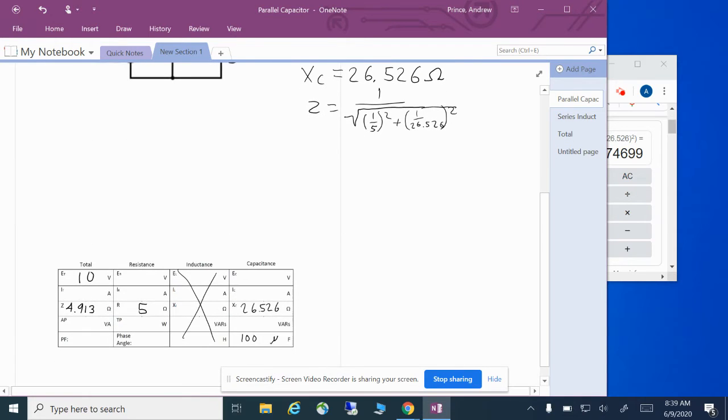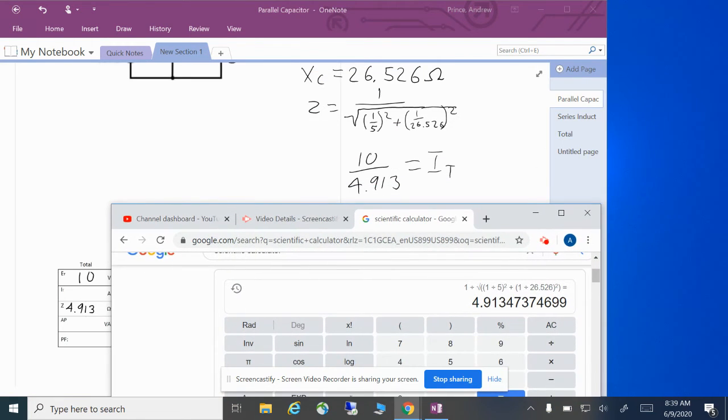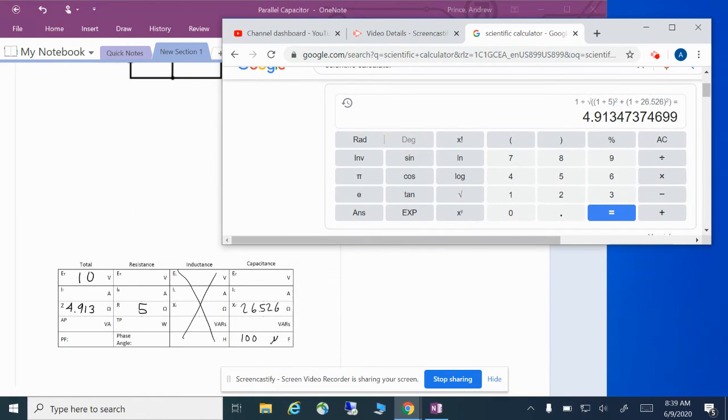So if I have 10 volts and 4.913 ohms, I know I can just do 10 divided by 4.913, and that's going to give me my IT. So 10 divided by 4.913 gives us 2.035.